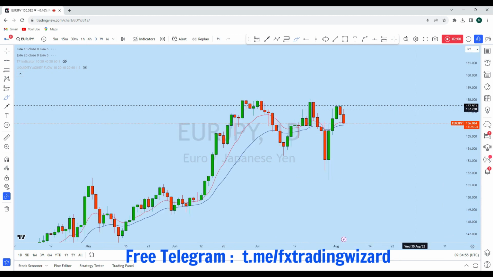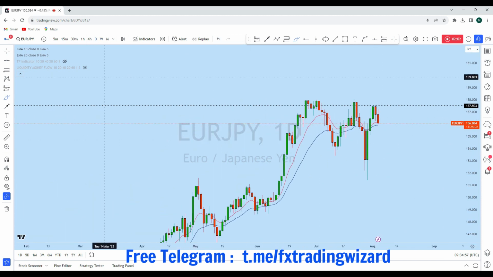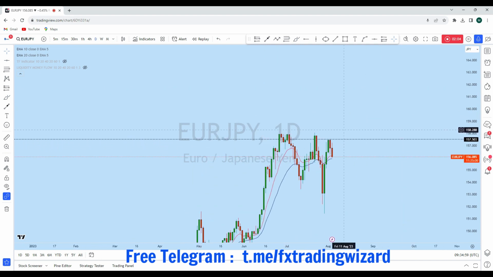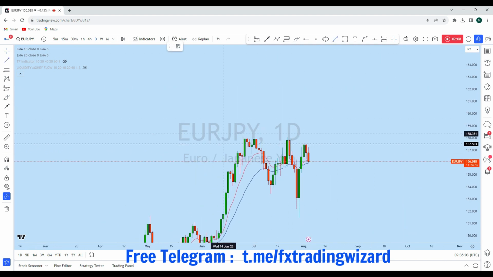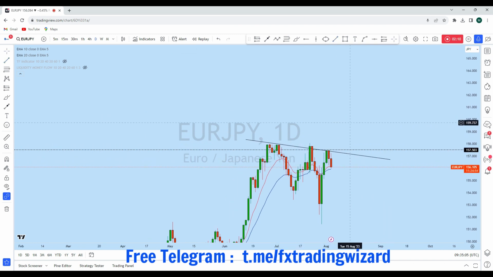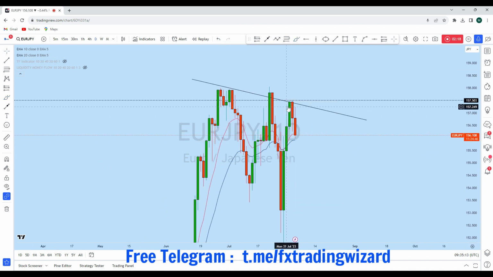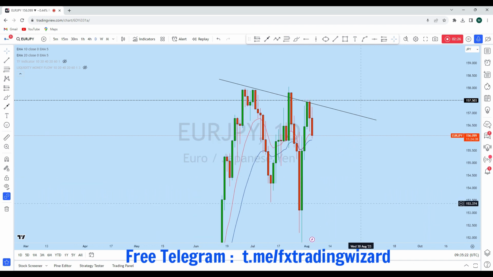Now if we look at the daily time frame, this is the resistance zone on the daily, and every time the price reaches that level it creates a series of lower highs. With that series of lower highs, we have seen a strong rejection whenever the price reaches it, showing potential rejection to the downside.